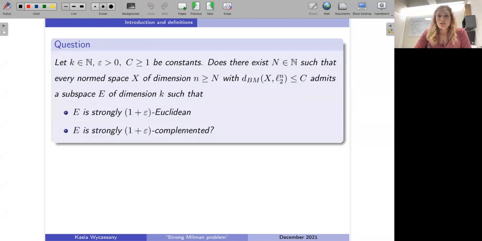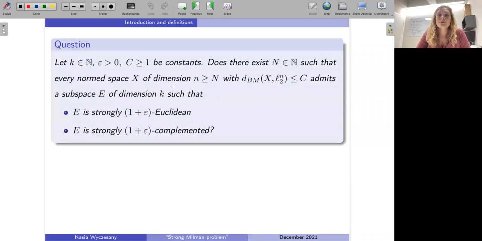So now we are asking for a normed space such that there exists its subspace of dimension K. And of course, one can later wonder about the dependence of K on N and on C, say, if one would like to prove it in the positive direction. But since, as my first slide said, I'm going to present a counterexample, I'm not bothered with that.